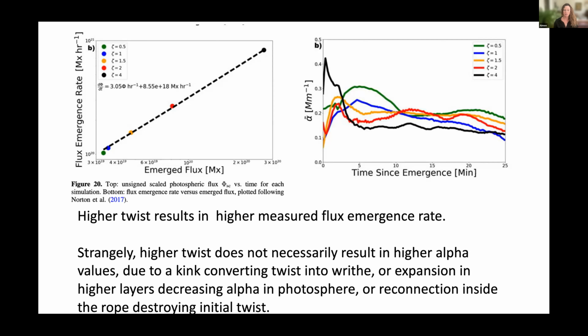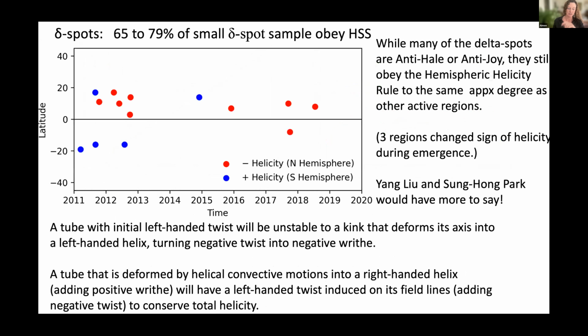Expansion in the upper layers of the atmosphere can decrease what's observed in the photosphere for twist. And there's also some reconnection that I think has sort of like a helicity cascade that can mean you're not measuring it. But basically the twist parameter is not as indicative of the kink instability as you might think it is.